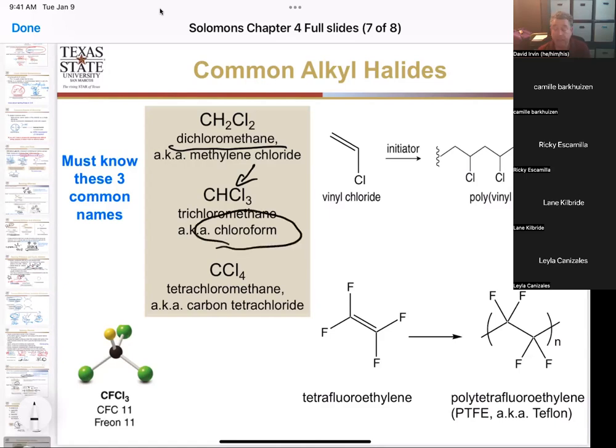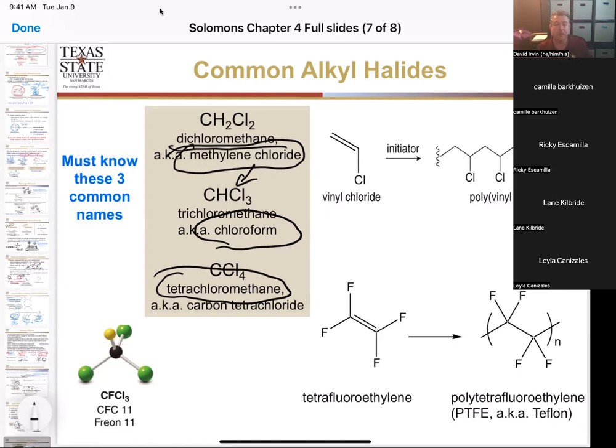It's a cleaning fluid and stuff like that. And actually, methylene chloride is used extensively to remove paint. It removes paint very well. Now, tetrachloromethane has the common name carbon tetrachloride, meaning you have carbon with 4 chlorines on it.